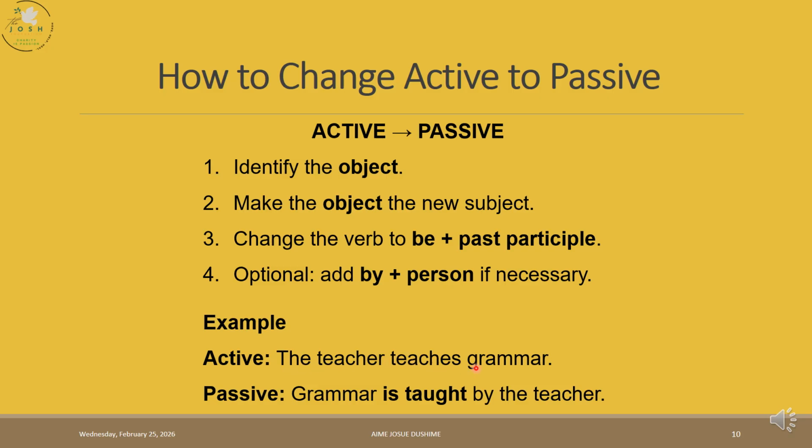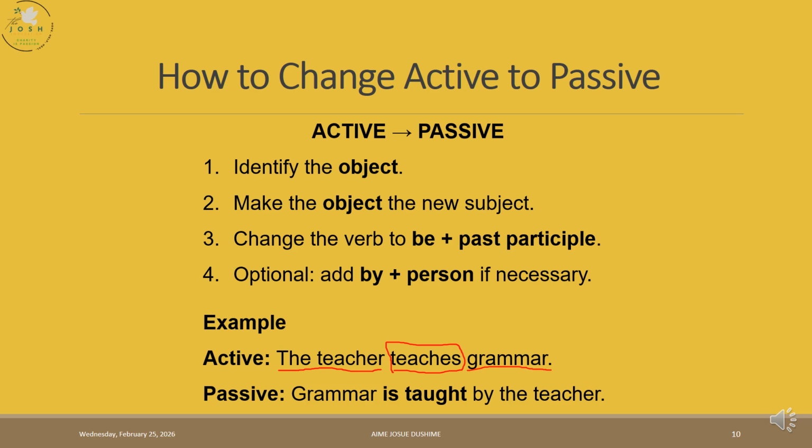The teacher teaches grammar. We identify the object first. Which object do we have here? Let me take a marker. We have this one as the subject of the sentence. We have this as the verb. And we have this as an object of the sentence. What did we say?